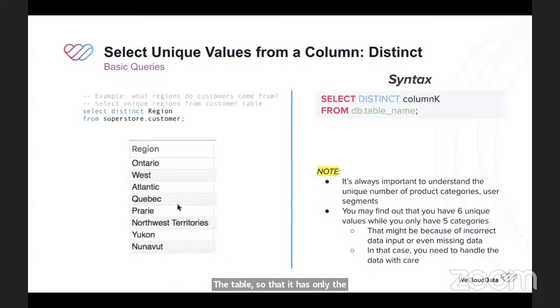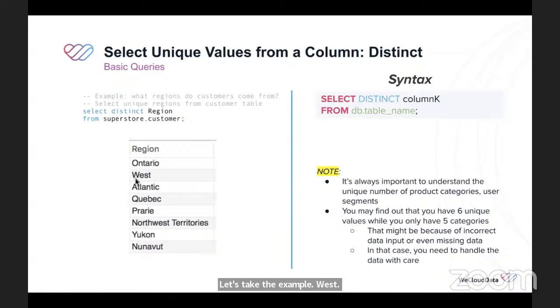Okay. Now, sometimes it's necessary to add distinct because there might be some input error, or there might be some messy data, where even though it looks the same, it's not read the same. So what I mean by that is, let's take the example of West. Okay?